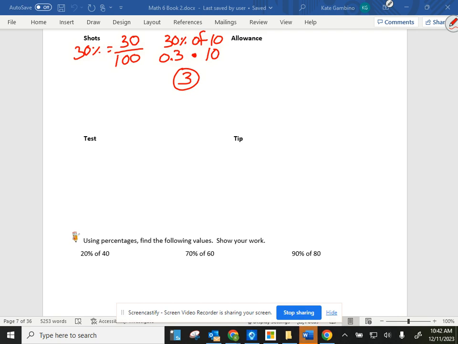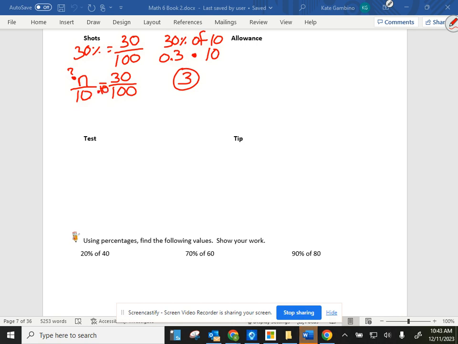Somebody had said use division. We're going to use it just in a little bit different way. If we have 30 out of 100 and we want to know how many out of 10, we're making a what? A what, Madison? A ratio. We're doing a proportion. So if we want to know how many out of 10, and we know it's 30 out of 100, we could say what times 10 equals 100?